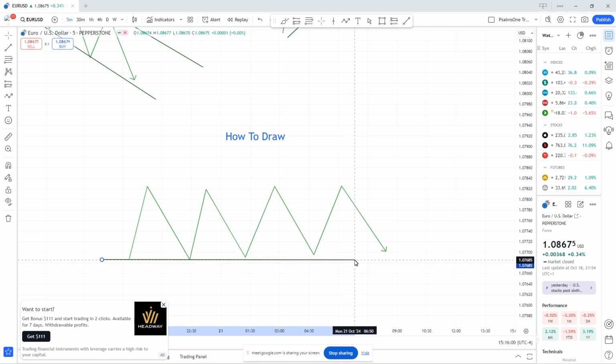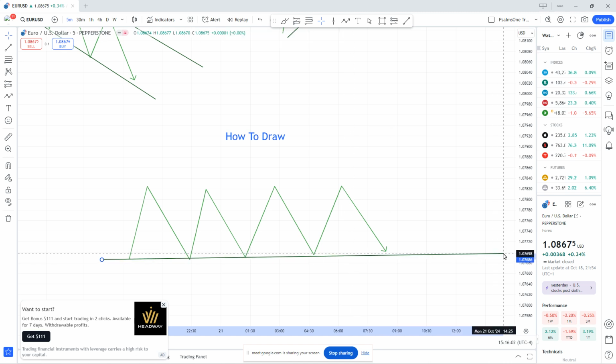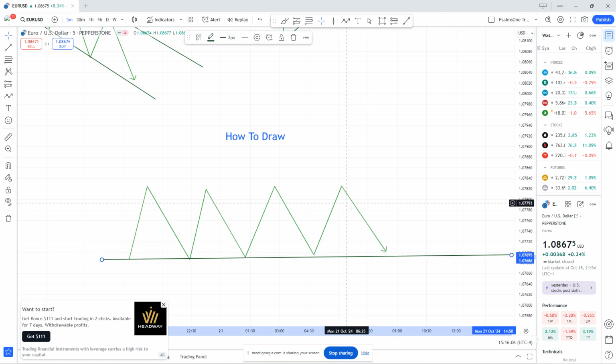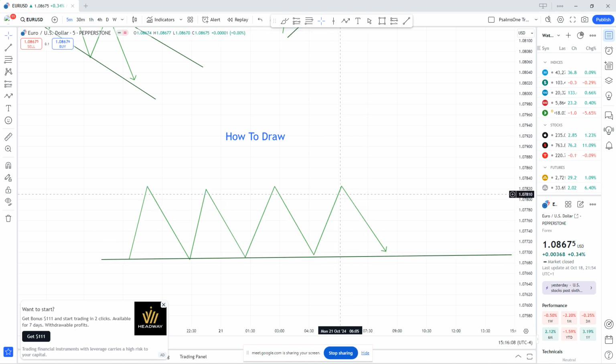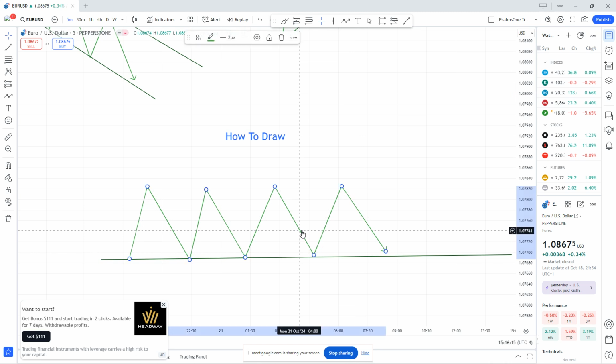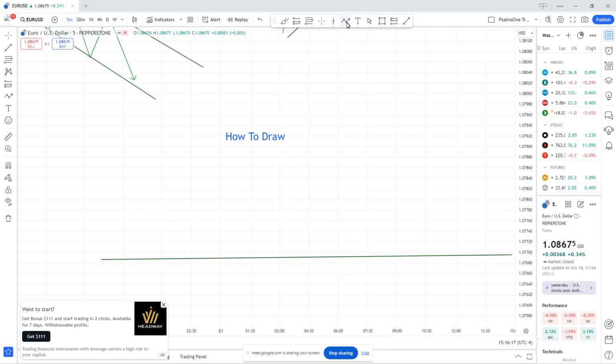So this lower level, you connect A when it goes up. Let me draw it again. This is the way to connect it.